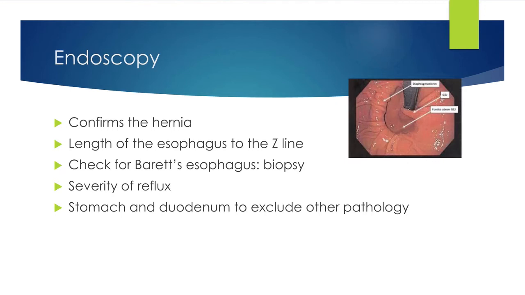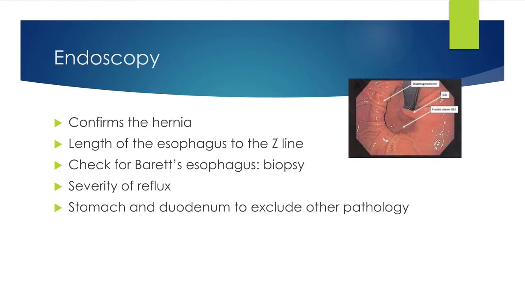Normally this could be around 38 to 42 centimeters, and we need to know that because some patients who have a large, long-standing hiatus hernia could get shortening of the esophagus, which has specific implications to the operation that they will need to have.